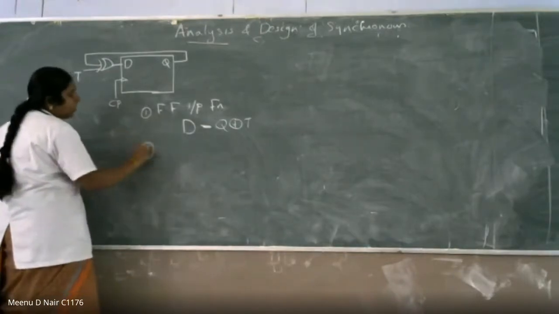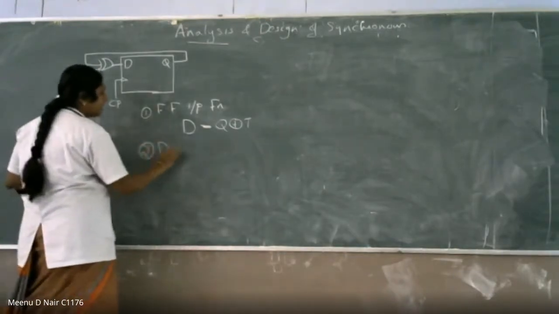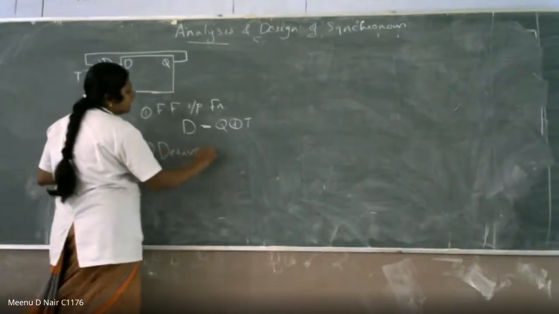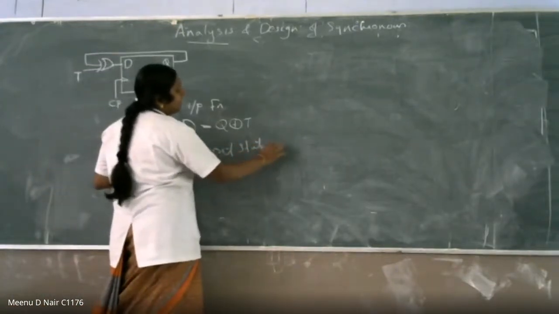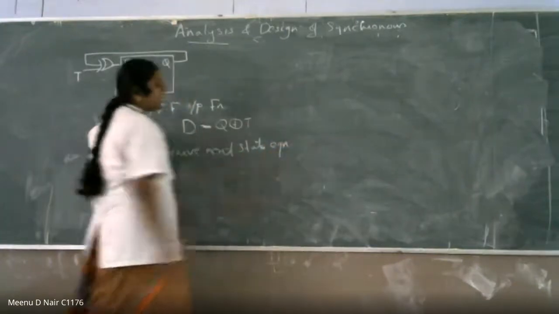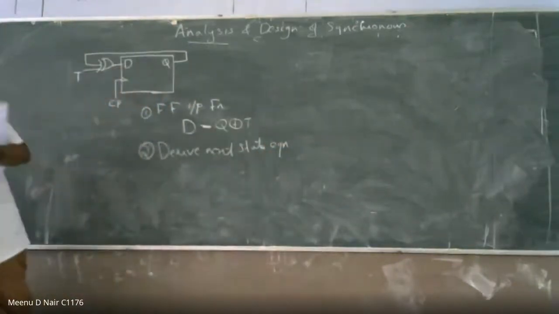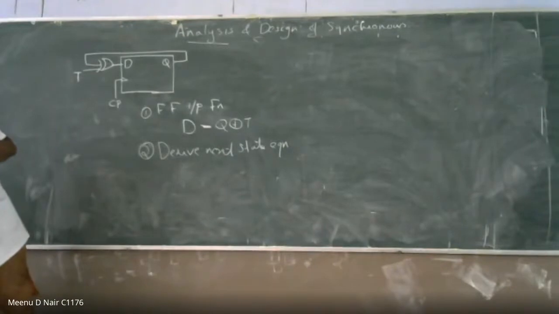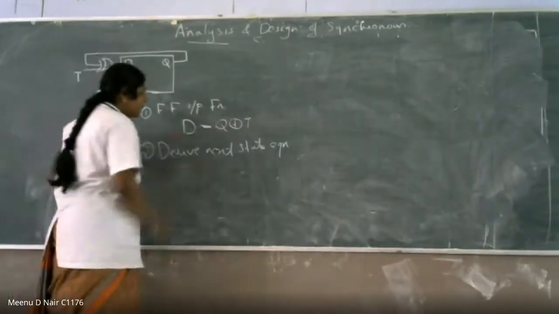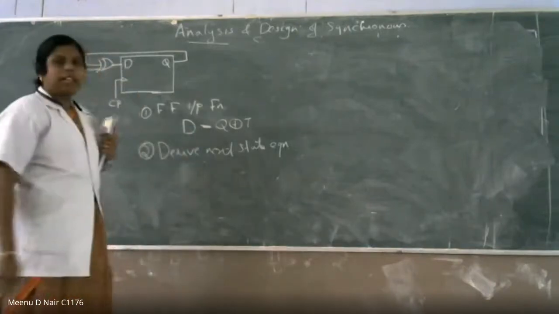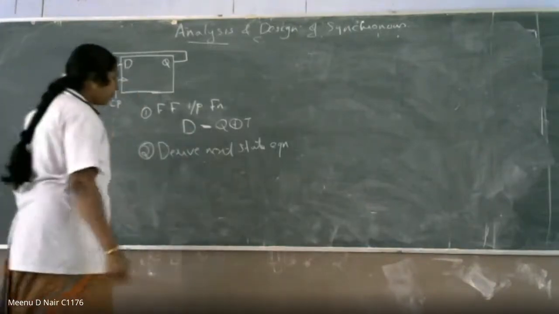Then what is the second point? Derive the next state equation from the characteristic equation of the flip-flop. We will see what the characteristic equation is; you can refer to it in your note.